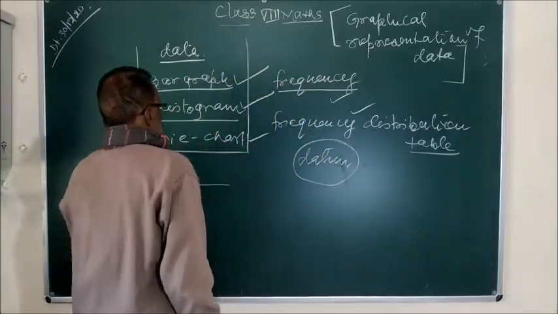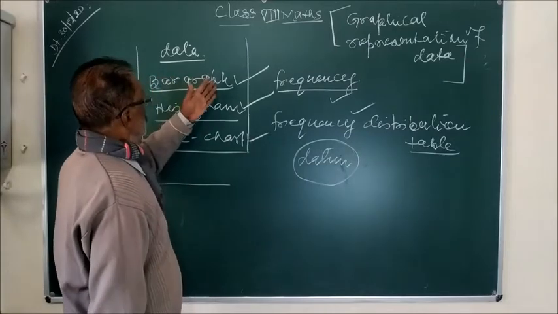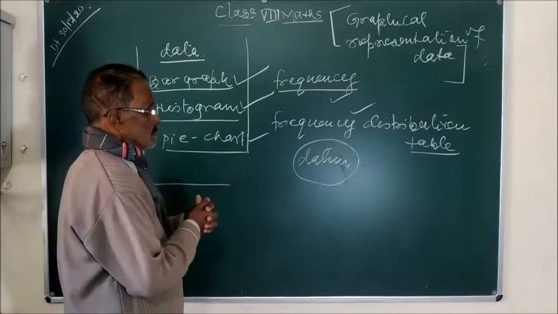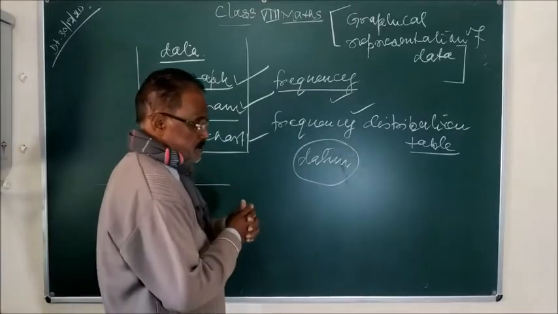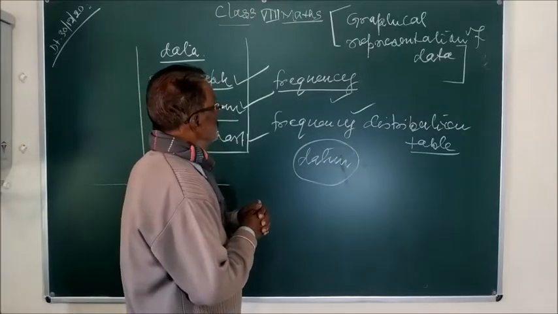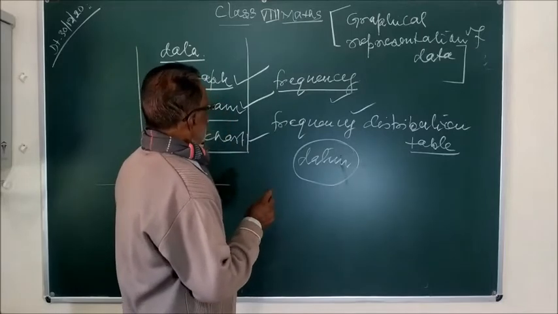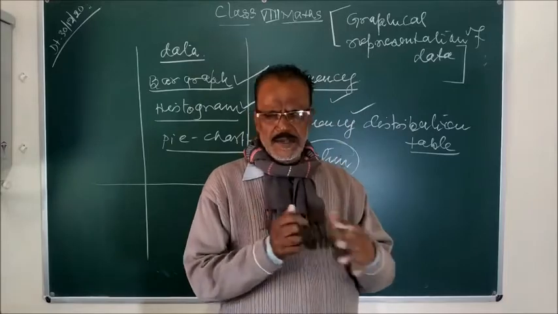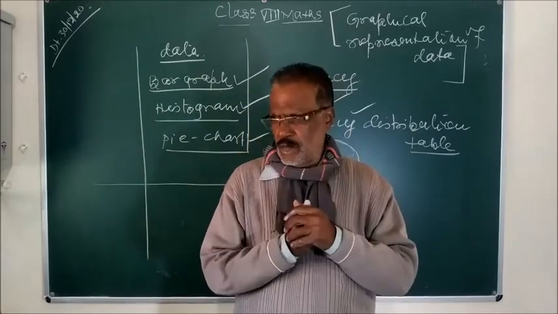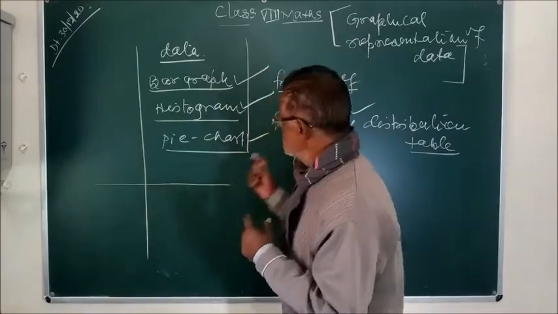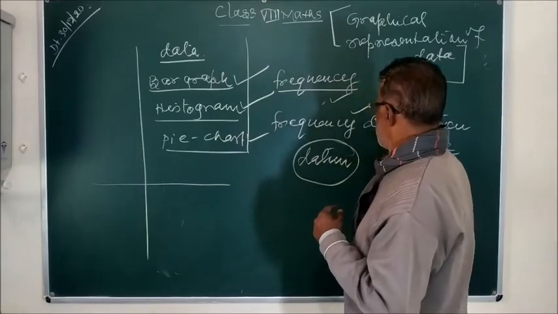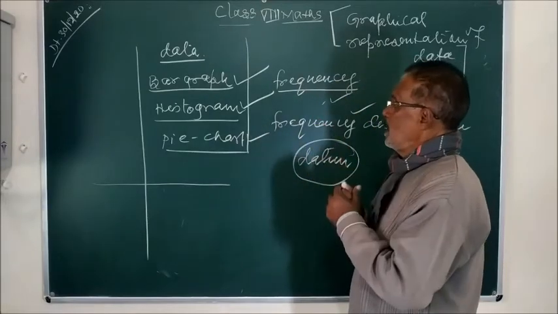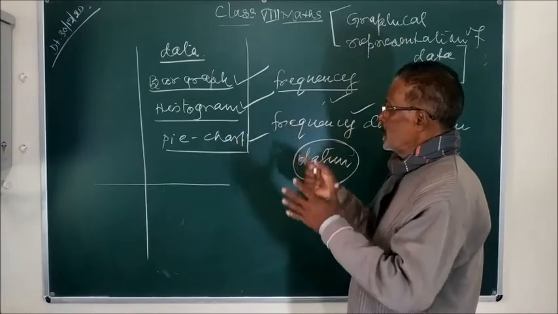So now you see how you can draw the bar graph giving the facts in your question. Today I am only explaining the terms which you should know. What is frequency? What is frequency distribution table? What is data? And bar graph.